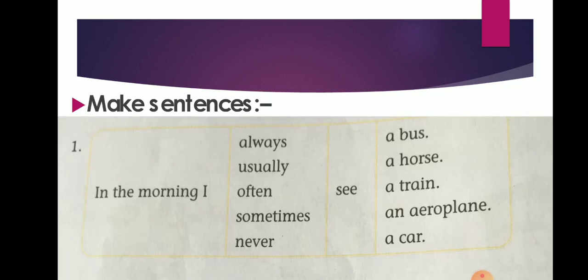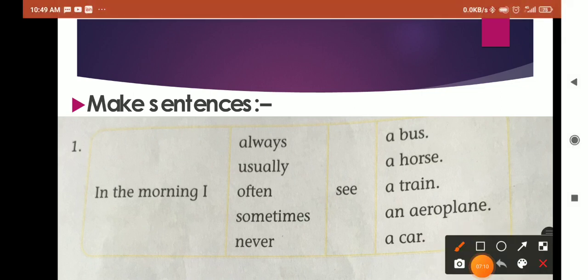See how? First, in the morning, I always see a bus. If I join I with always and always with see, so in the morning I always see a bus.